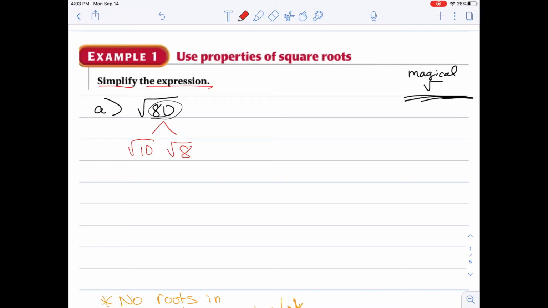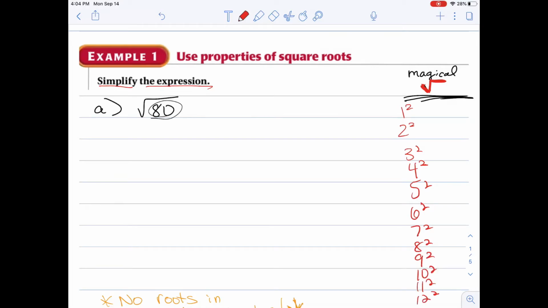Now, here's the deal. When we're looking for these numbers, we want to look for the most magical roots. These are kind of like the cute little unicorns in math, right? And those unicorns come from 1 squared, 2 squared, 3 squared, 4 squared, 5 squared, 6 squared, 7 squared, 8 squared, 9 squared, 10 squared, 11 squared, and 12 squared.